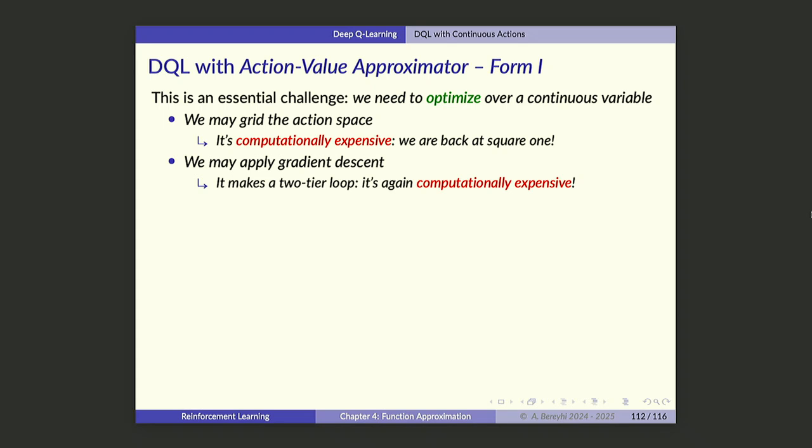One might tell me, okay, let me just find the gradient with respect to the action, right? And try to maximize it using, well, I have written here gradient descent, but I mean gradient ascent, right? Gradient descent of the negative one, okay? So I use the gradient-based approach to maximize it.